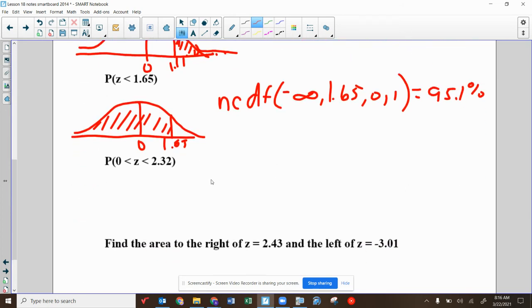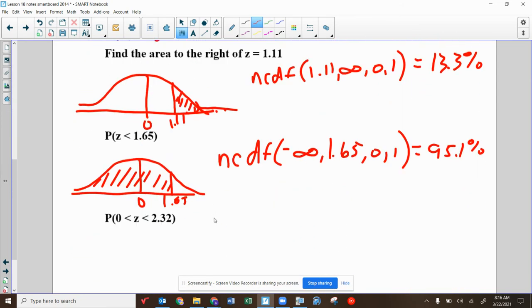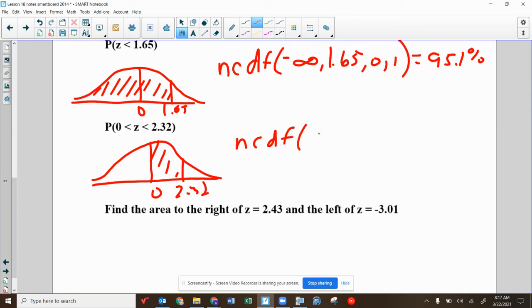All right, and then the 0 to 2.32 is going to be similar to this one right here. Except it's 2.32 instead of 2.34. That was the last one, or the first one, I should say. CDF 0, 2.32, 0, 1.